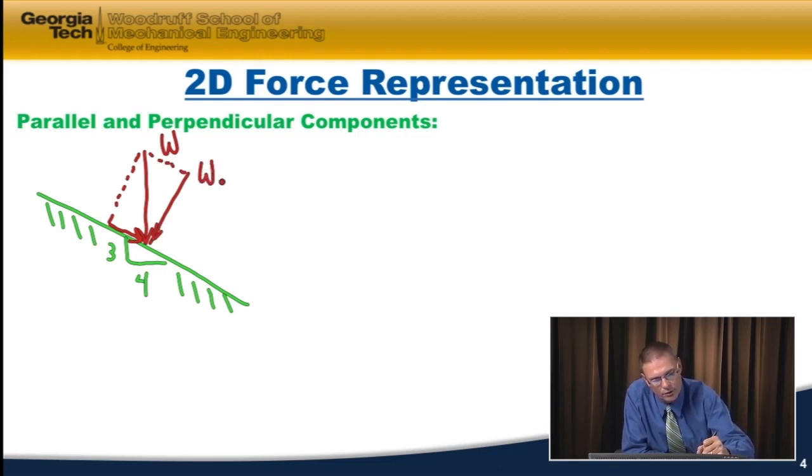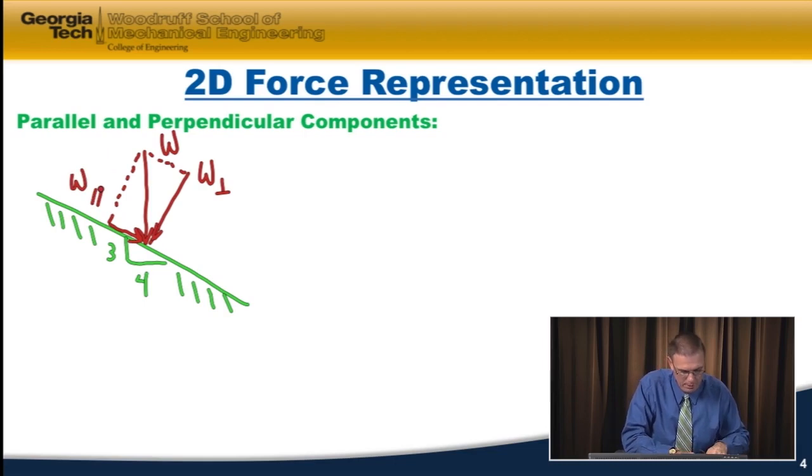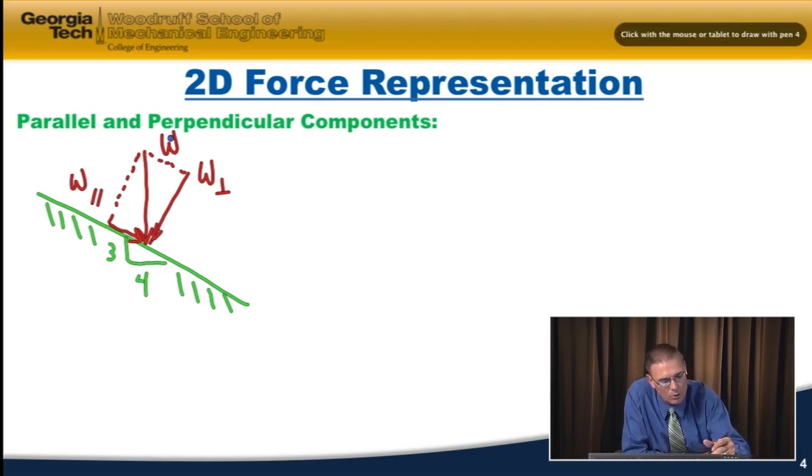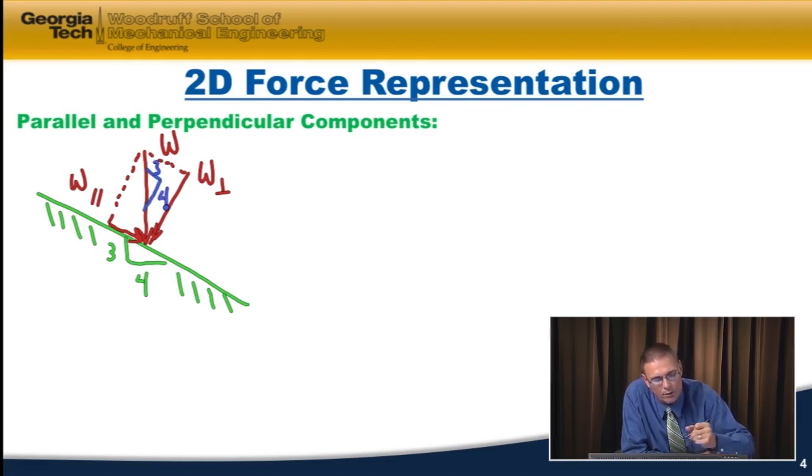So I'm going to label this W sub perpendicular with a perpendicular symbol, and this will be W parallel with a parallel symbol. And you should be able to show by geometry that I can express this as 3 on 4 for our slope.